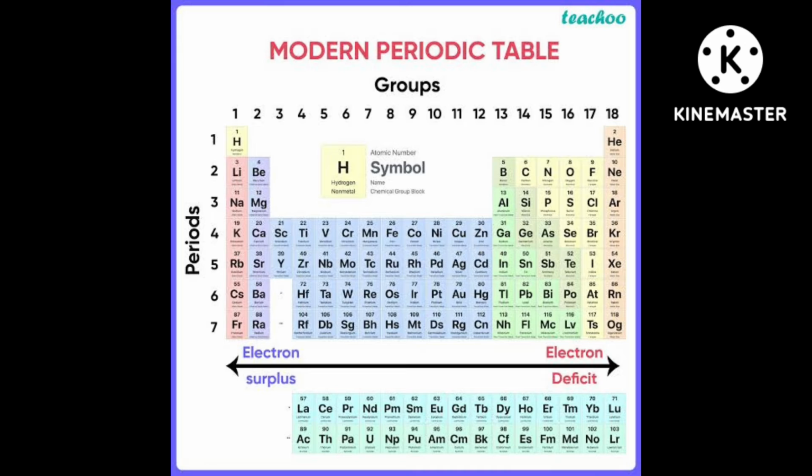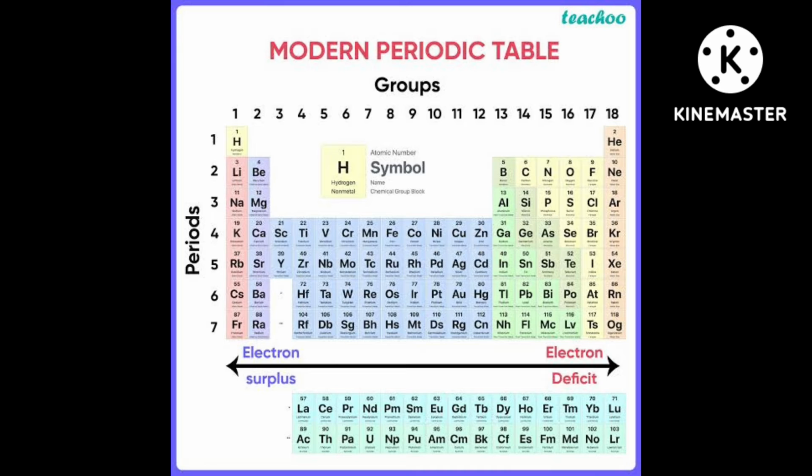Now the next important thing I am telling you. I am asking the first question, after that the answer. What is the long form of the periodic table? This question is asked. Now I am telling you.